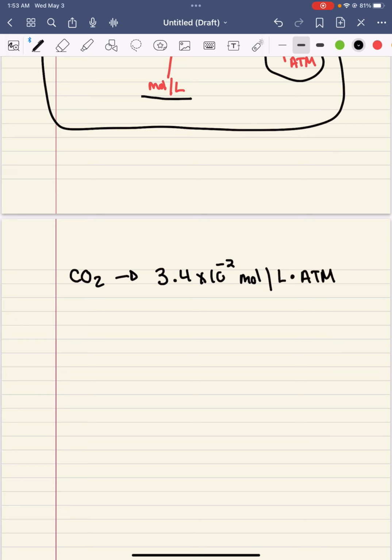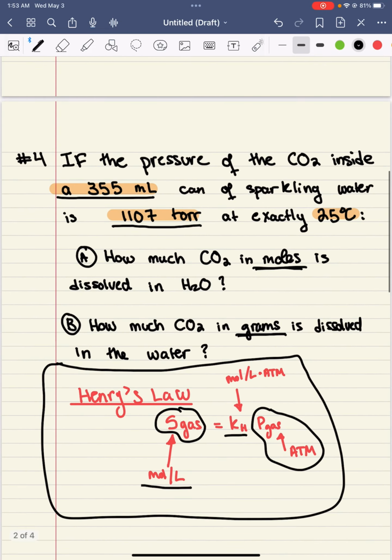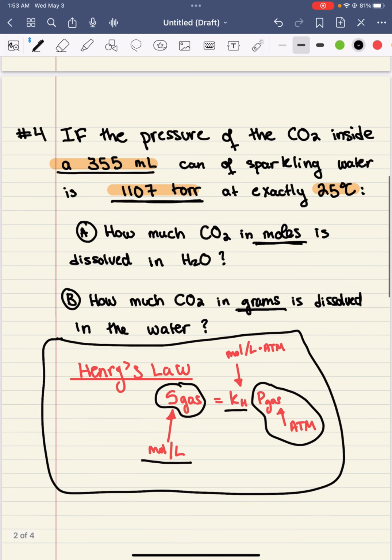And the first thing I want to do is cancel out this atm, and I will be doing that by converting 1107 torr to atm.